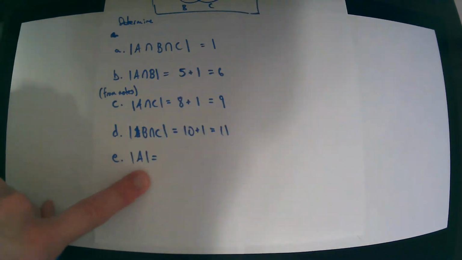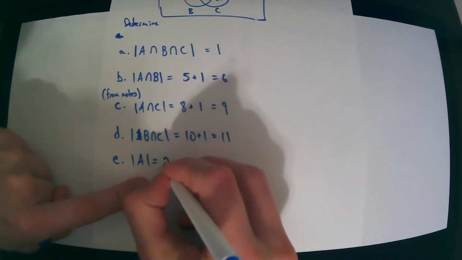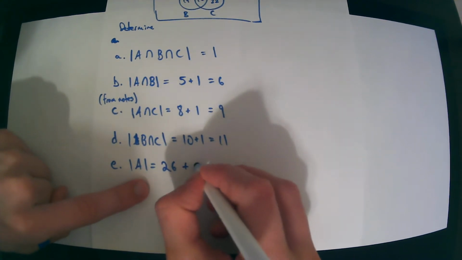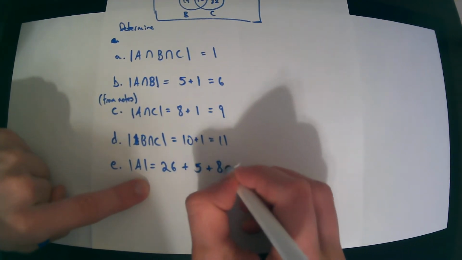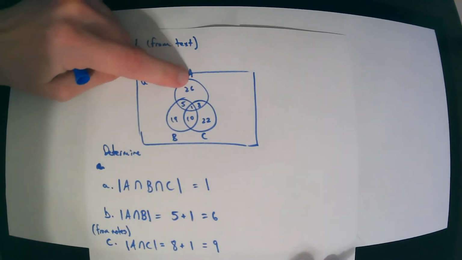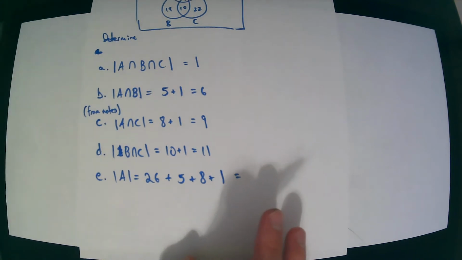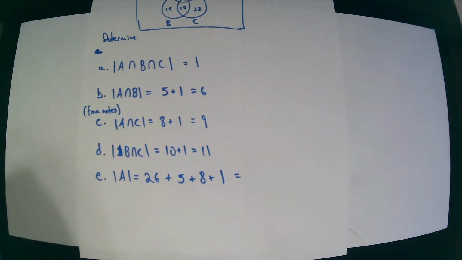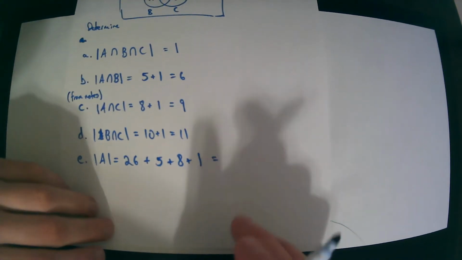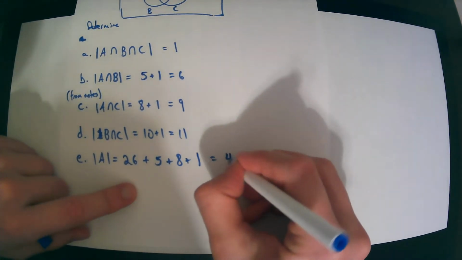So we've got to add all these numbers up. The 26, the 5, the 8, and the 1. Adding all of the numbers that appear in A. Okay, so that's going to be 31, 39, 40.